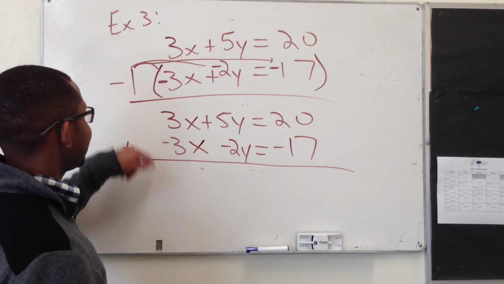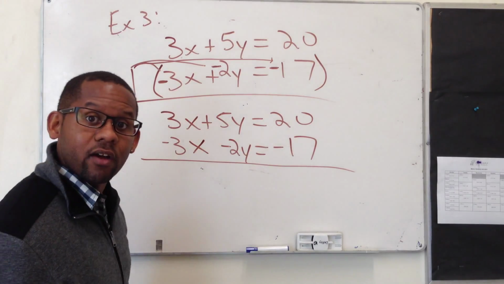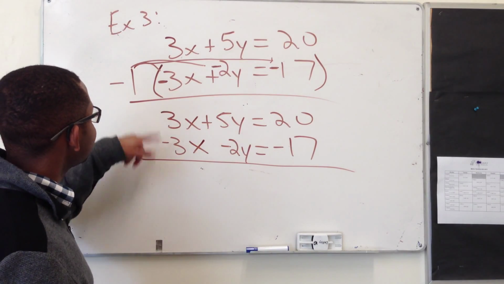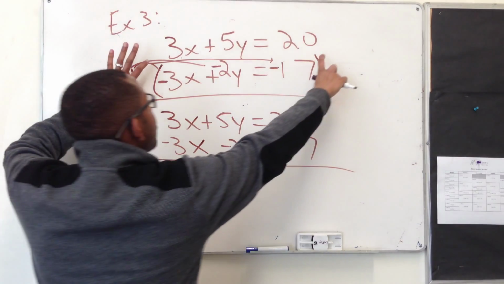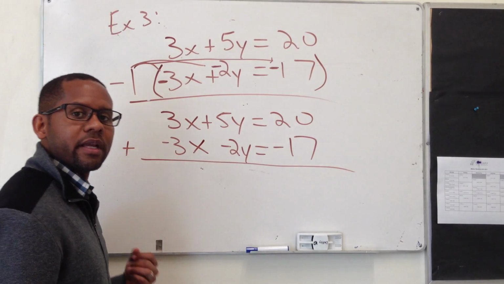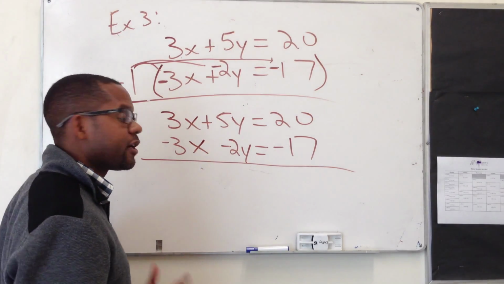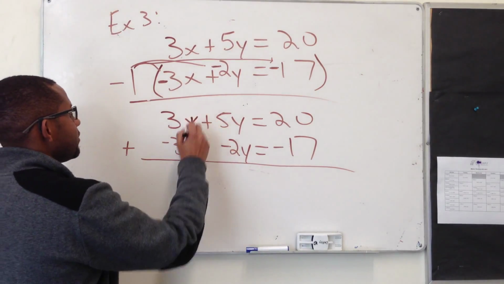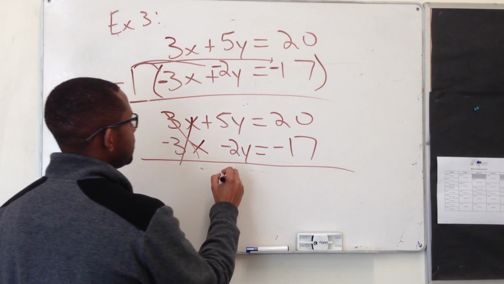So hopefully you can see, now these cancel out. Now I've made it so the x's cancel out. So now these cancel, that becomes 0.